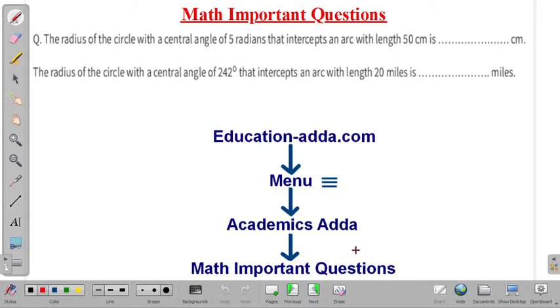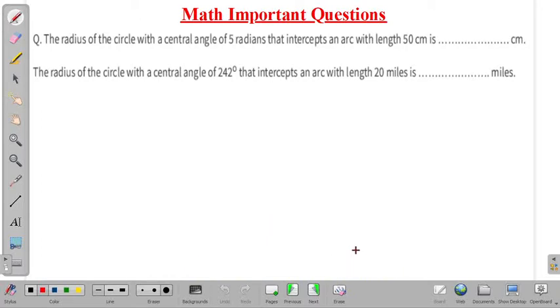Okay, friends. Coming back to the given problem, see what is given here. We need to find the radius of a circle with a given central angle and given arc length. So there are two parts of the question.